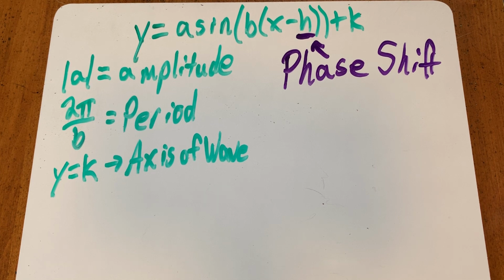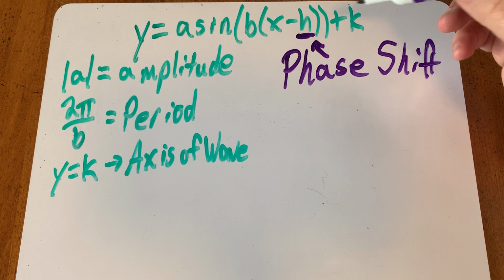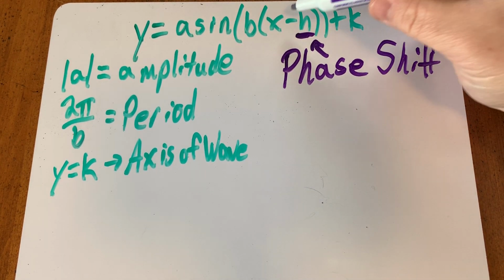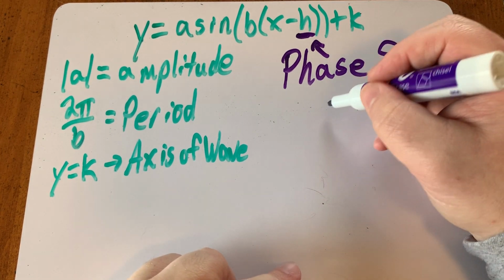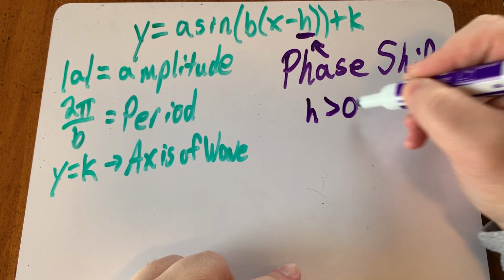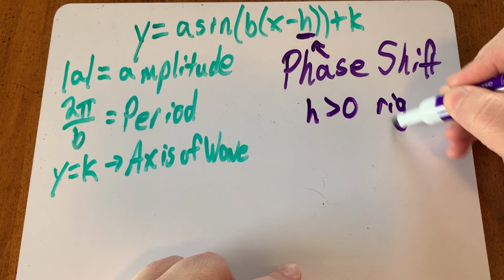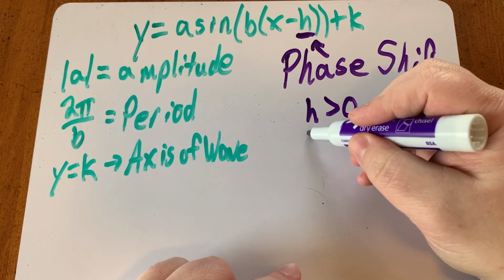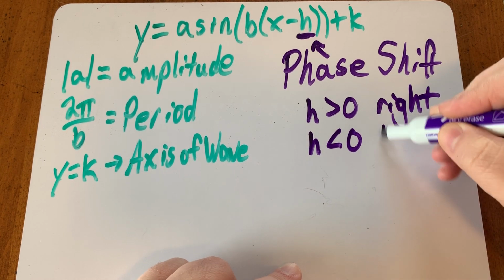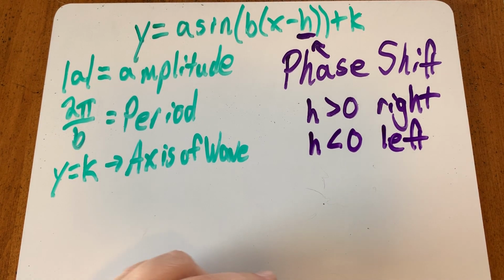If it is plus h, that means h is negative. So if it's minus, h is positive. If h is greater than 0, you're going to the right, because that's the positive direction horizontally. If h is less than 0, you're going to the left.